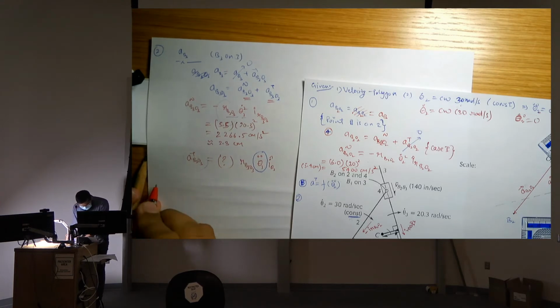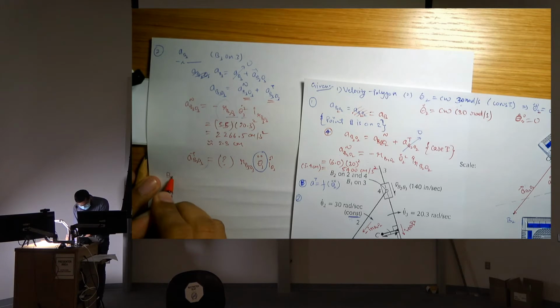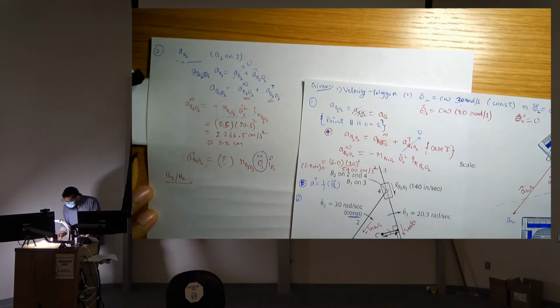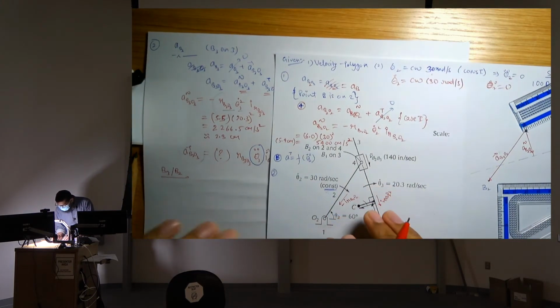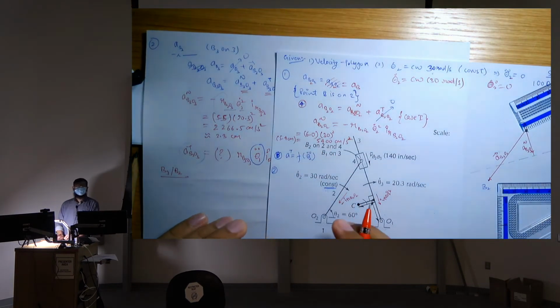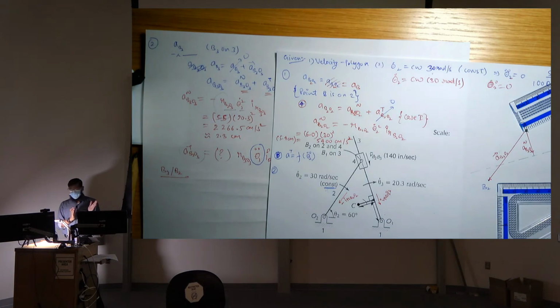Okay, so we will be finding the acceleration of B3 with respect to B2, the points. On the mechanism, we have B2 on link 2 and B3 on link 3. So now we will be finding B3 with these two points.